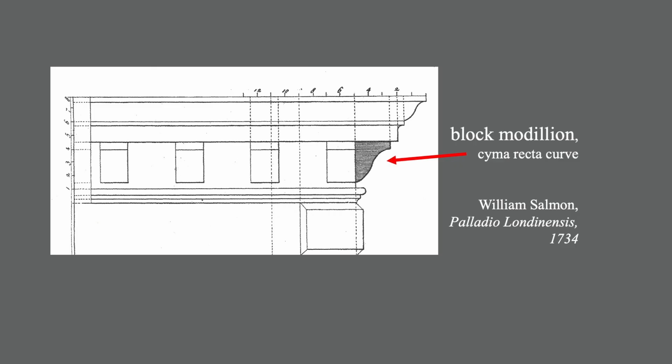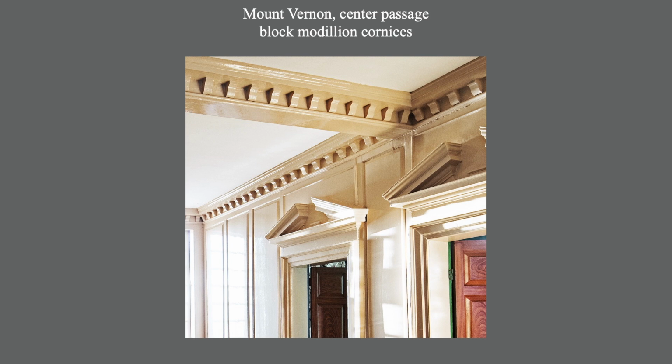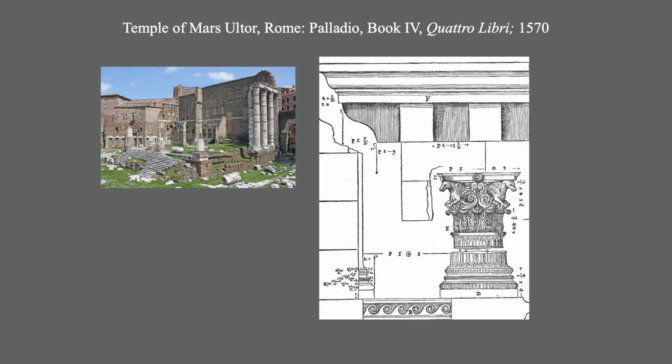The cyma recta block modillion is illustrated in Colonial Londinensis, a book owned by William Buckland, who executed the Gunston Hall interiors. And George Washington must have gotten a discount on cyma recta block modillions because they're spread all over Mount Vernon's center passage.